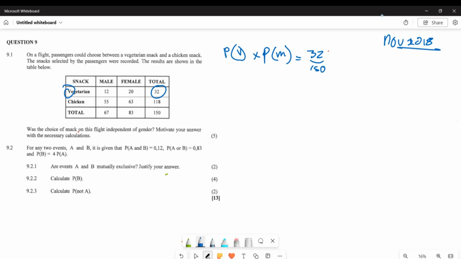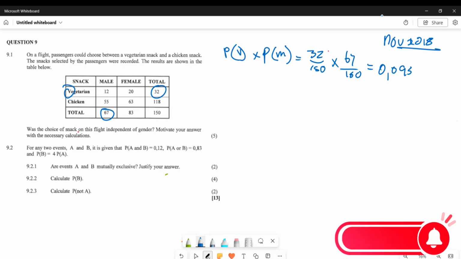Now we multiply this by the probability of male, regardless of whether they took vegetarian or chicken, which is 67 divided by 150. If you plug this into your calculator, the answer is 0.095.